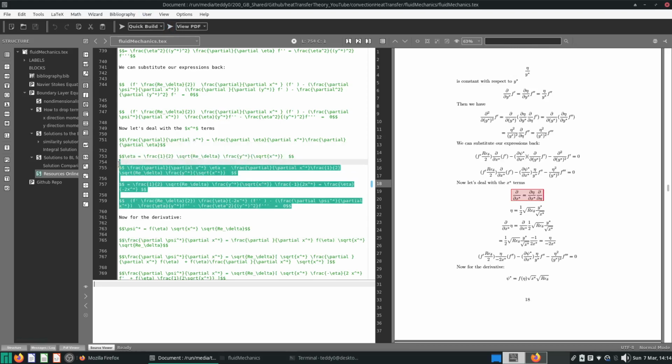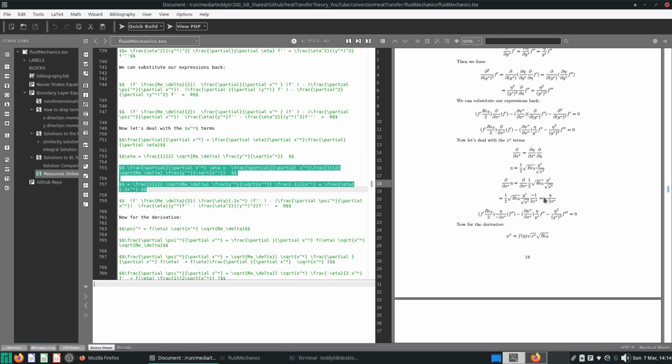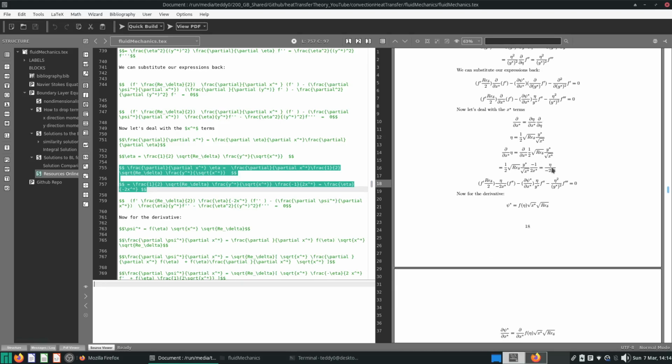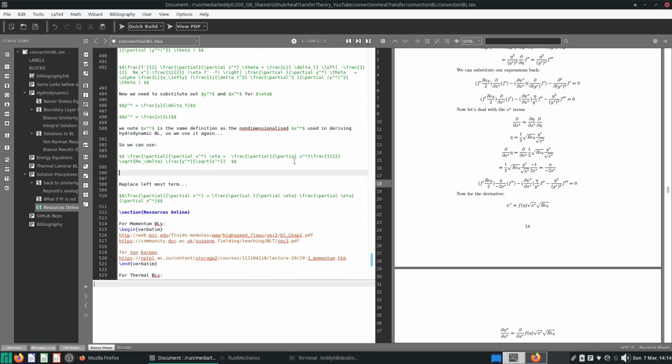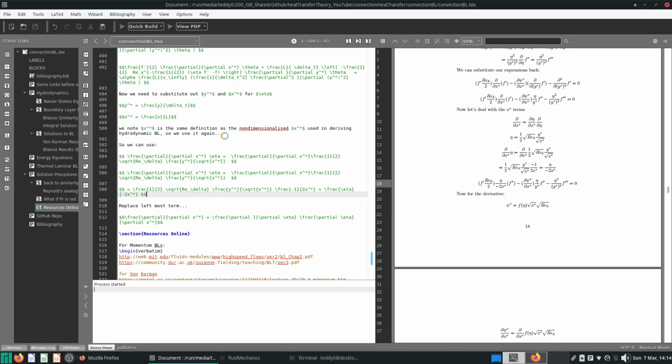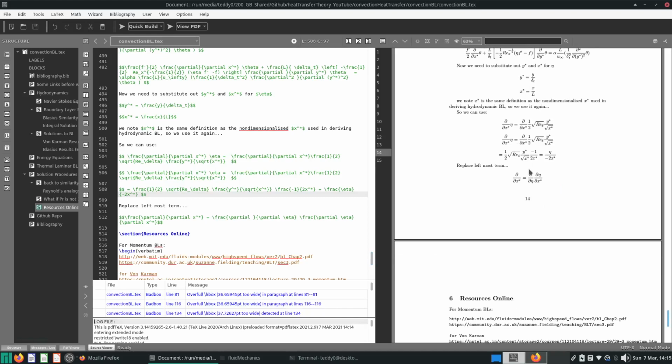I forgot, I need to copy and paste everything here. So here it is. This is the line I wanted, so that it can make life a little bit easier. So it's eta over minus 2x star. Now we are in business.